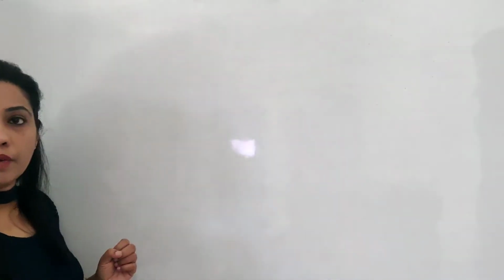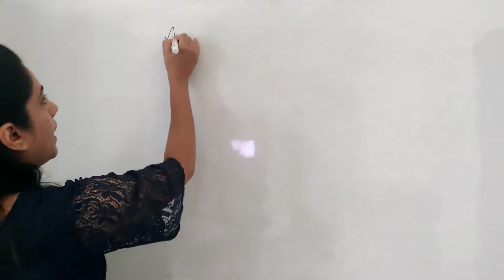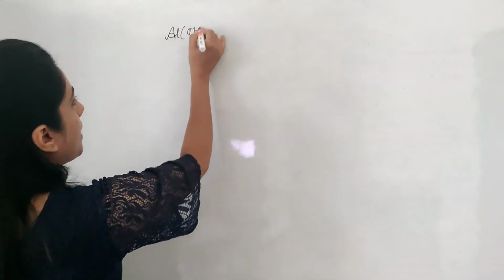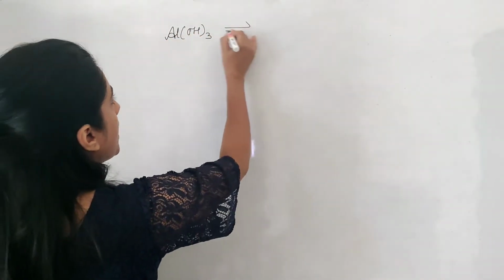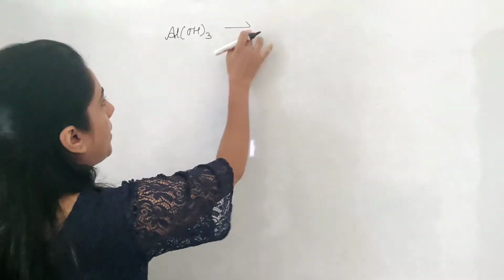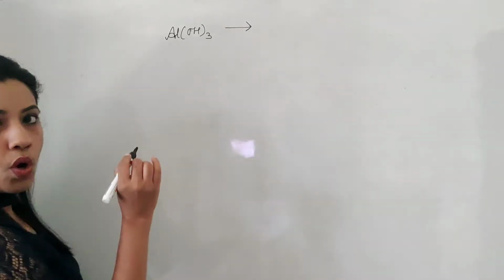The way we got the ionization constant of a tri-basic acid, in a similar pattern we can get the ionization constant of a tri-acidic base or diacidic base as well. So let us take one example of tri-acidic base, aluminium hydroxide, and see how to find out the ionization constant of the base. Aluminium hydroxide can be dissociated as, now the first step will be a unidirectional arrow because it is a strong base.